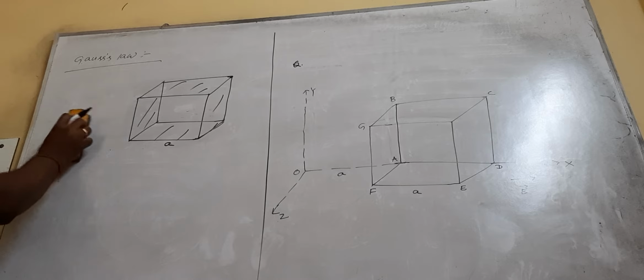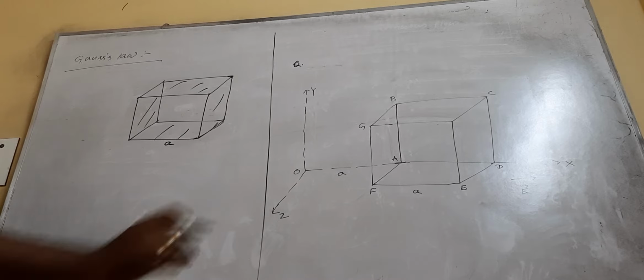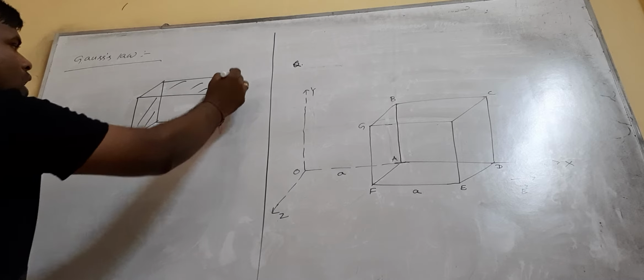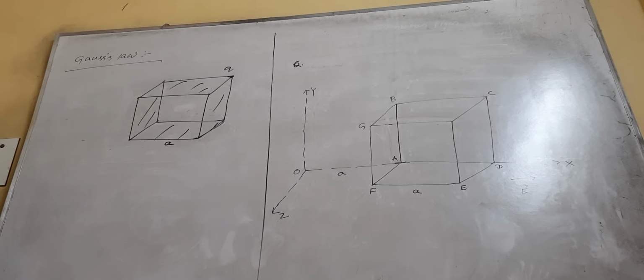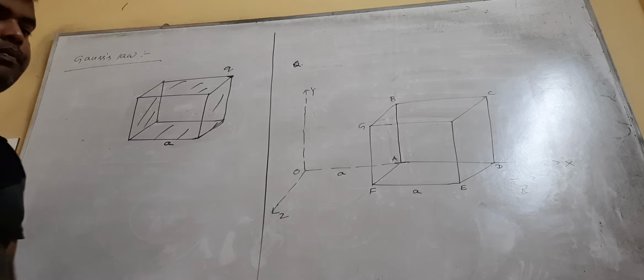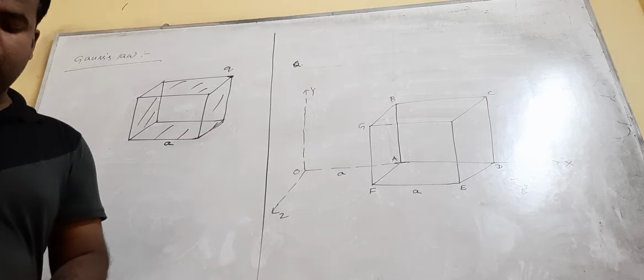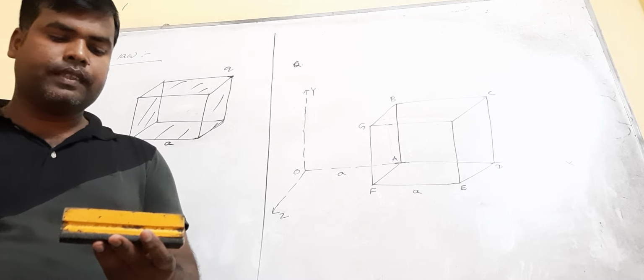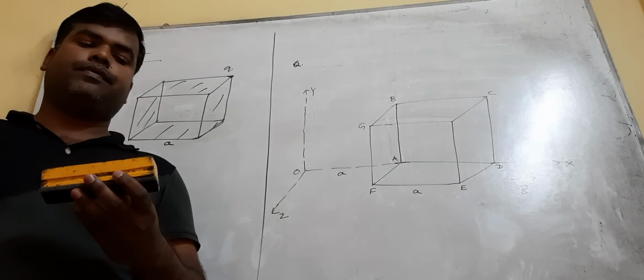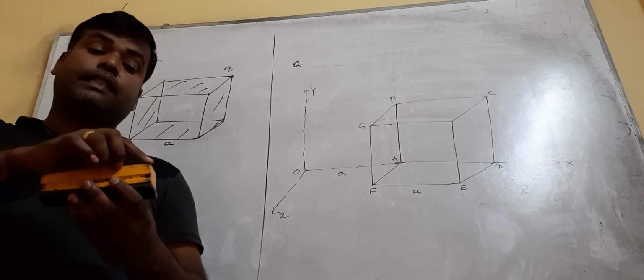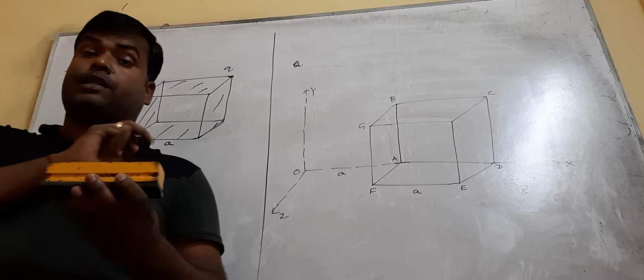But if the charge is placed at one of the corners of the cube, what is the electric flux linking with the cube? Consider a cube and place a charge at the corner. This charge is not enclosed by this cube.